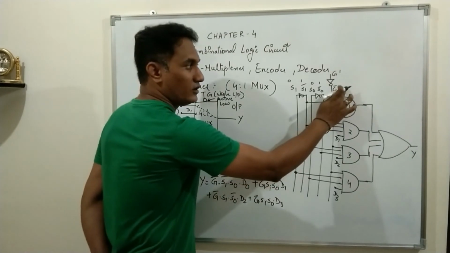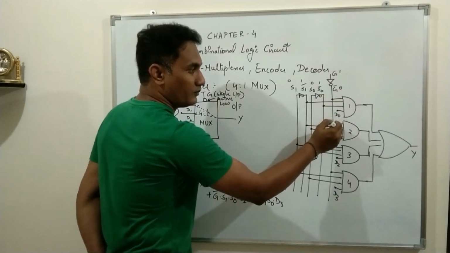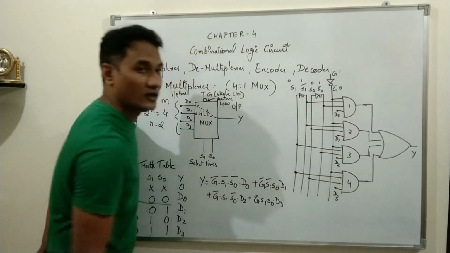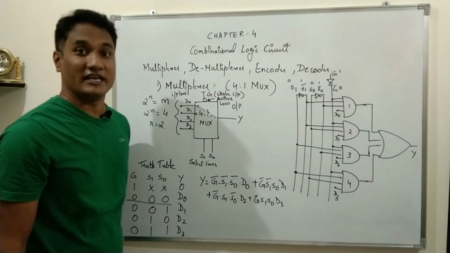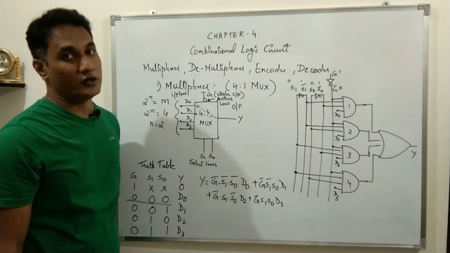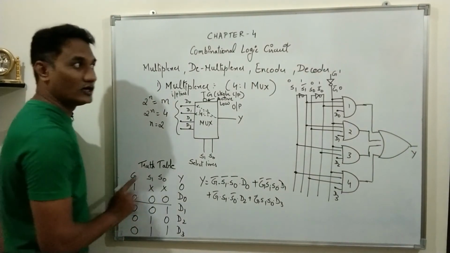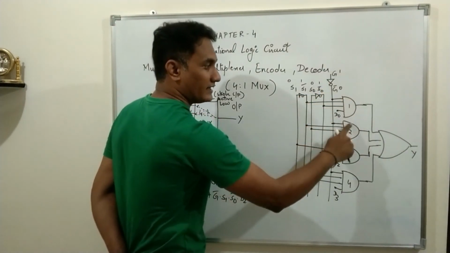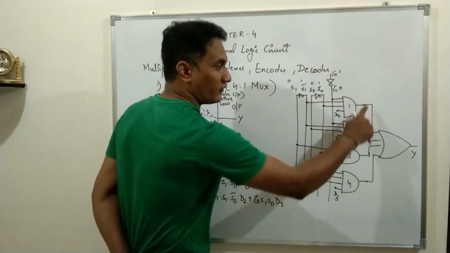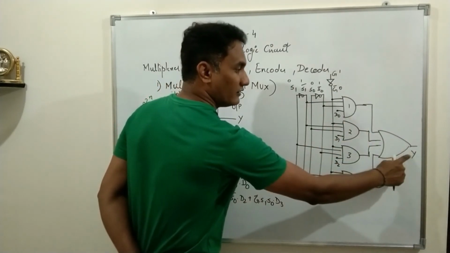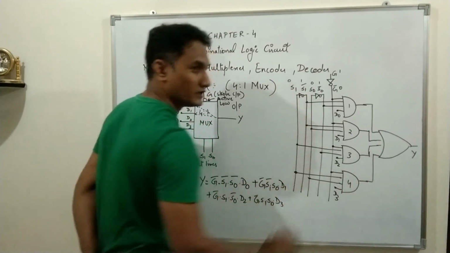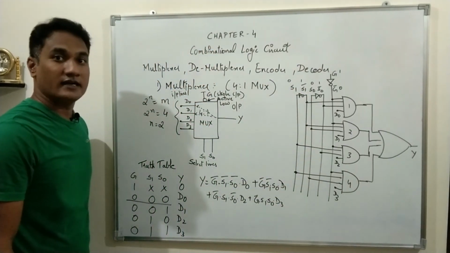And if G bar is equal to 0, which indicates one input of all the AND gates is 0. And what is the property of an AND gate? If any one of the inputs is 0, the output will always be 0. So for the first condition, when G is equal to 1, all the AND gates are deactivated. That means the output of all the AND gates will be 0, and therefore Y will be 0 irrespective of whatever the condition at S1 and S0.